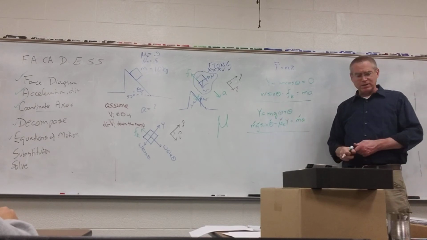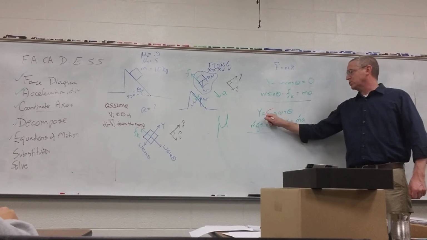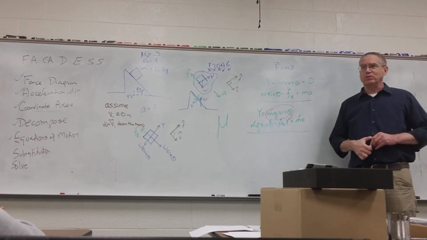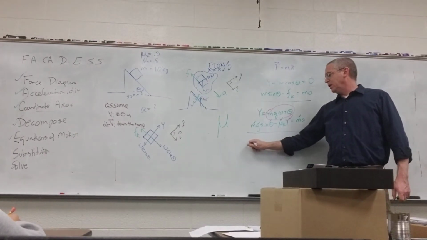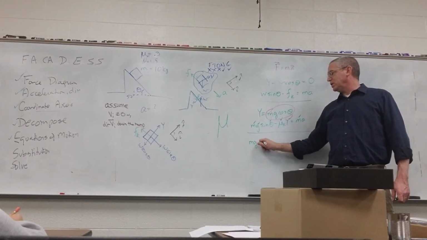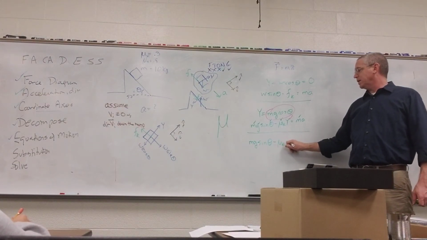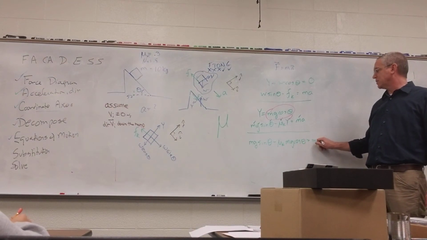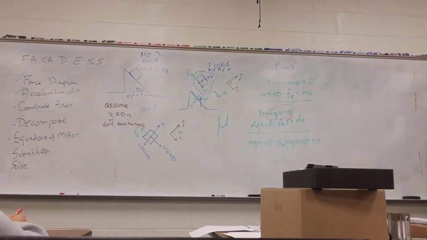So what I'm going to do is take this problem-specific formula for the normal force and plug it into y. Since y is equal to it, I can interchange them. So I'm left with mg sine theta minus mu k times mg cosine theta is equal to mass times acceleration. What I've just put in parentheses used to be the letter y, the normal force.